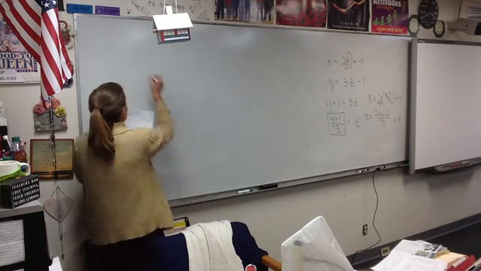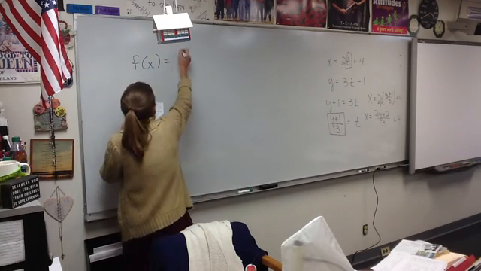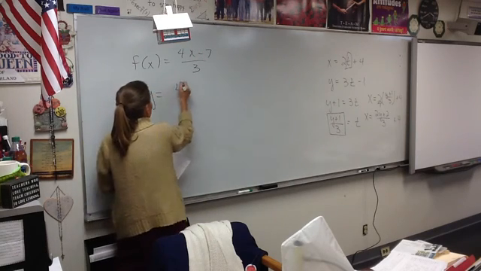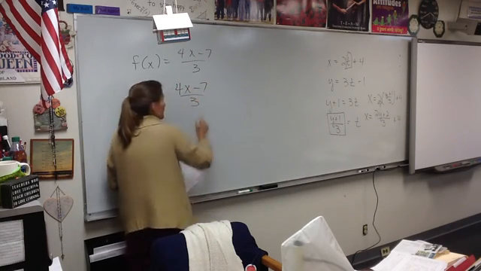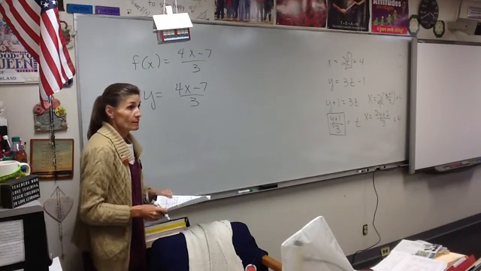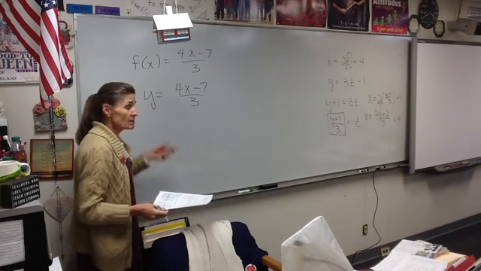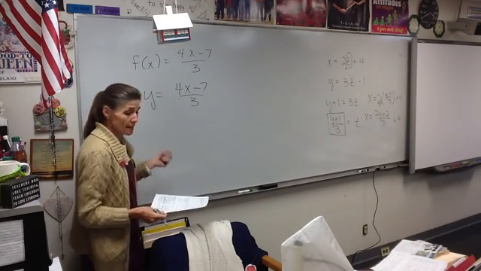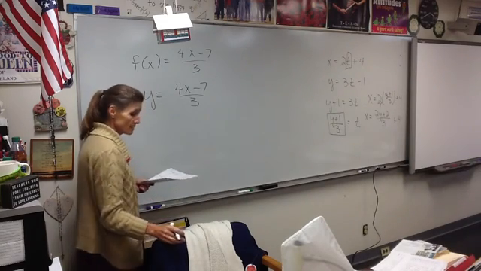Okay, here we go. F of x equals 4x minus 7 over 3. Our job is to find the inverse. Okay? Now you know how to do that. This one you could actually do in your head. It's easier. But let's go through the steps for those of you that like to do it with the steps.